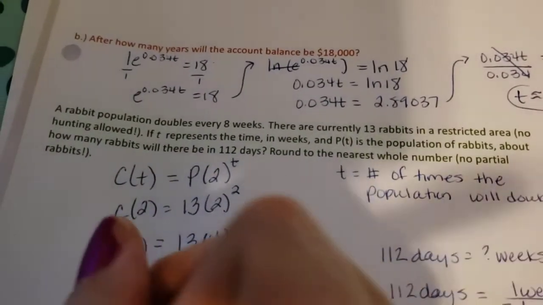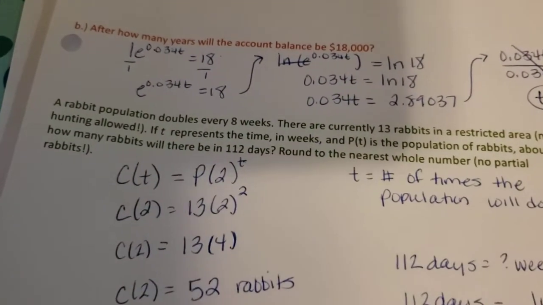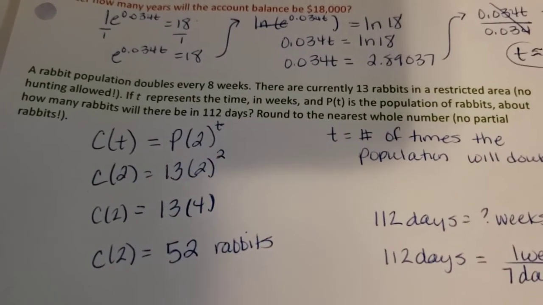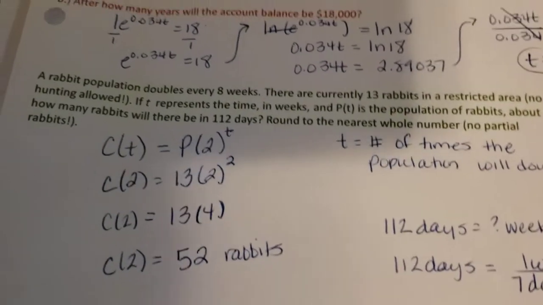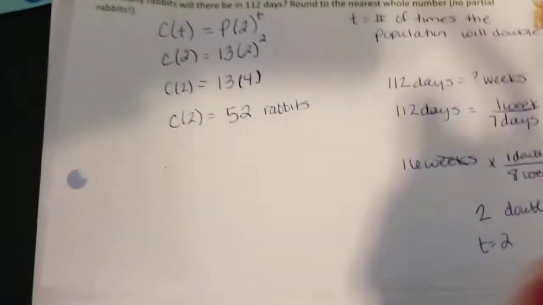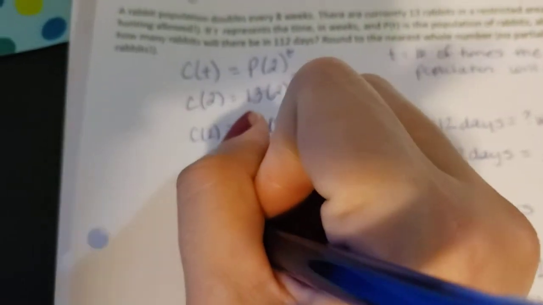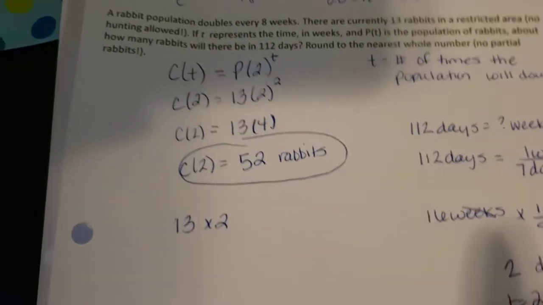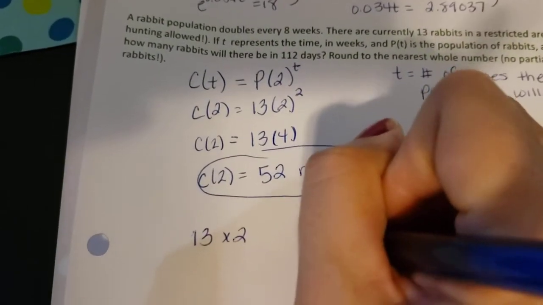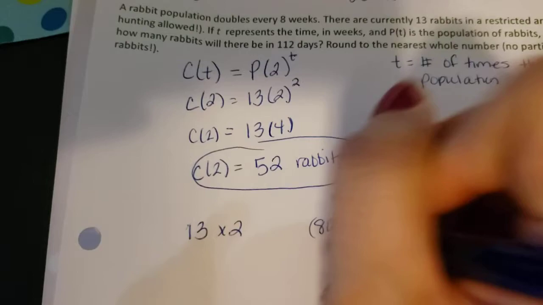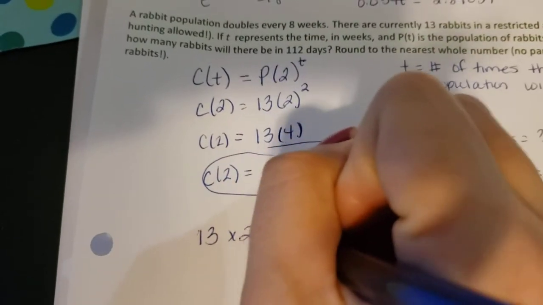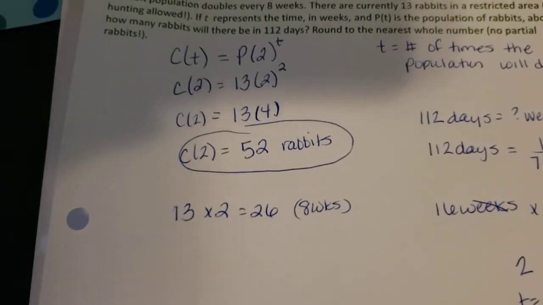Now let's check that. Okay, so if we know that 112 days is 2 sets of 8 weeks, we know that it's going to double 2 times. So if we start with 13 rabbits, the first doubling after the first 8 weeks gives us 26 rabbits.